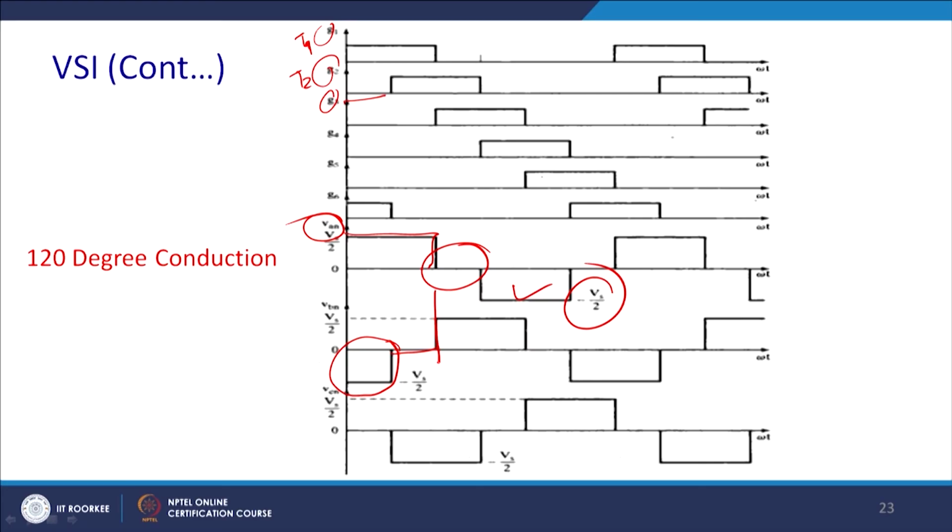Then at this moment T3 will be switched on and it will conduct for another 120°. Similarly, first T6 is switched on, thereafter T2 is switched on, thereafter T4 is switched on.